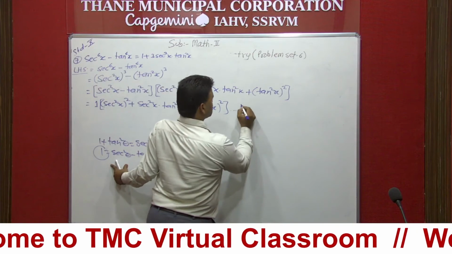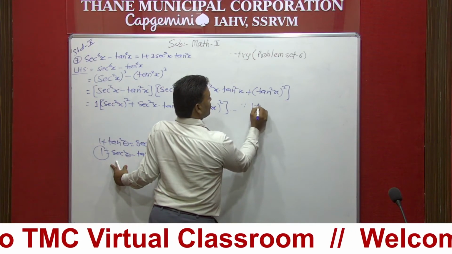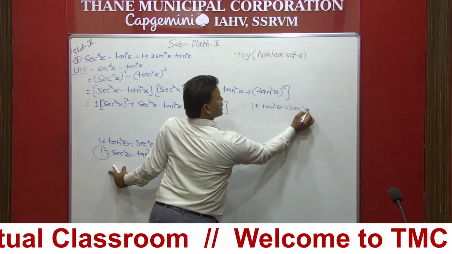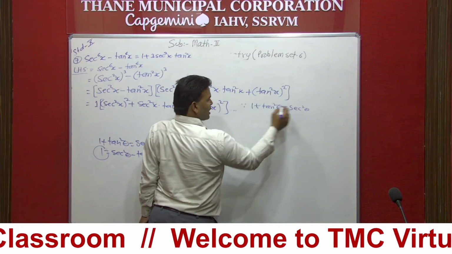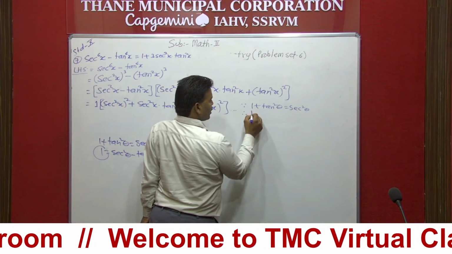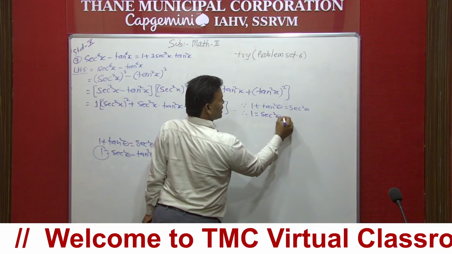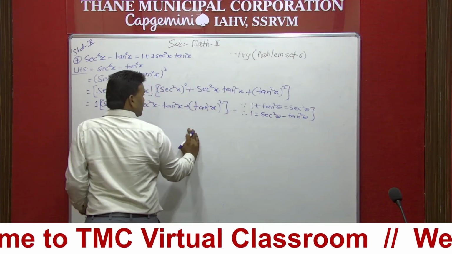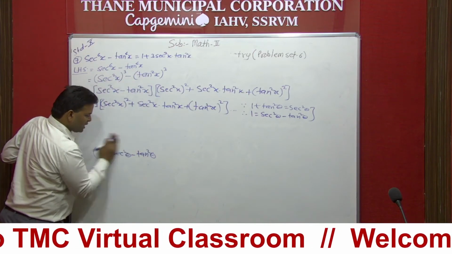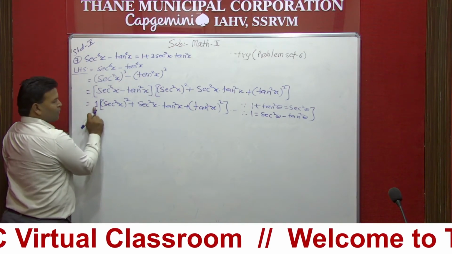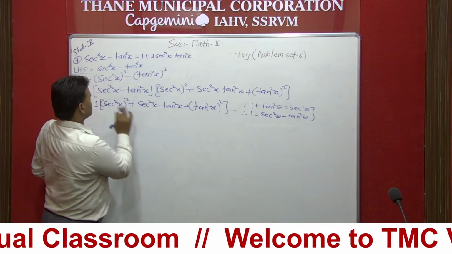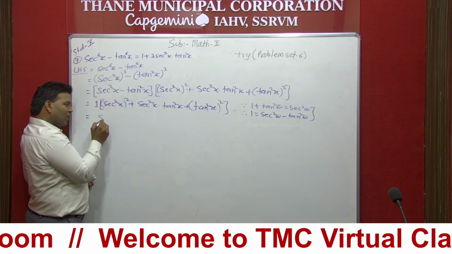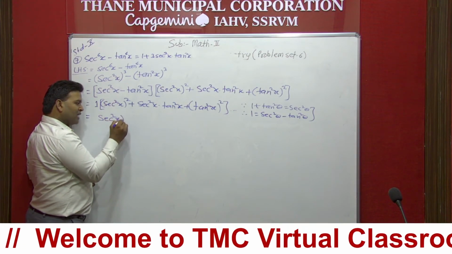Since 1 plus tan square theta is equal to sec square theta, here I will transfer this one, therefore 1 is equal to sec square theta minus tan square theta, bracket close. Okay, now see, after writing the reason, what will we do in the next step? Here 1 into this means here 1 will disappear. So in the next step, this one I am going to write as it is, sec square x the whole square.